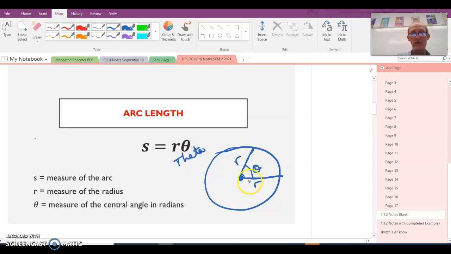Theta you get in radians, all right? It must be in radians. So if it's in degrees, you have to convert it.